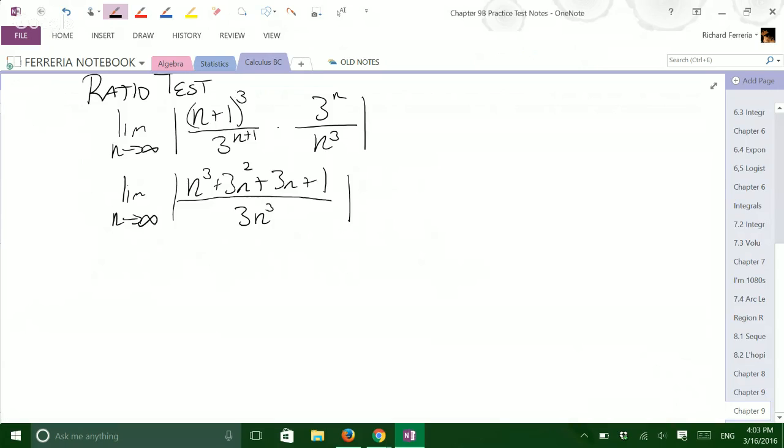This limit, again, I hate for you to use L'Hopital's rule over and over again here. Just look at the lead terms. n cubed over 3n cubed simplifies to 1/3. This limit is 1/3. 1/3 is less than 1, so we get convergence.